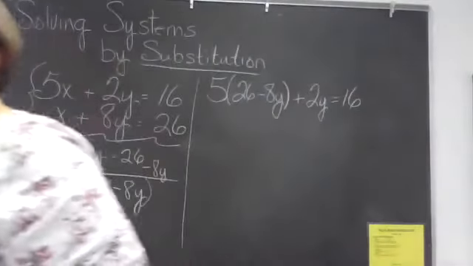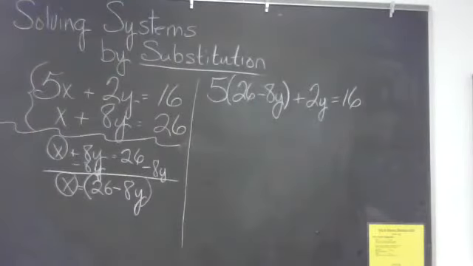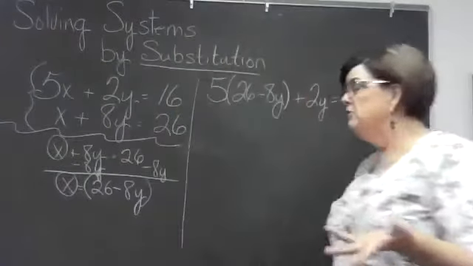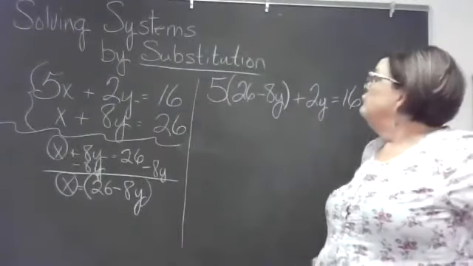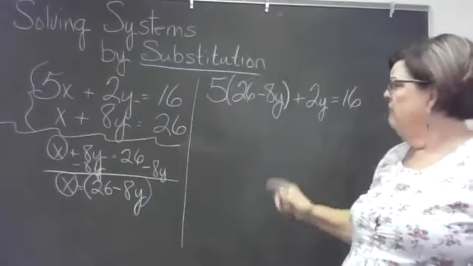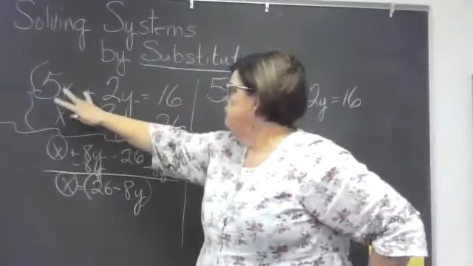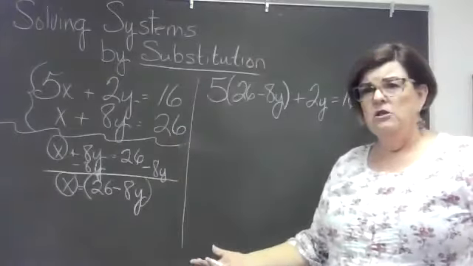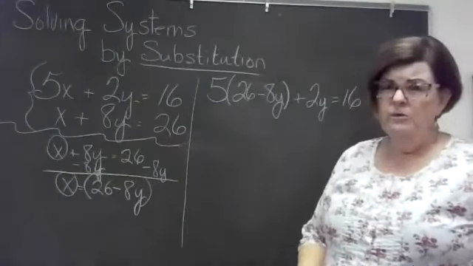Okay, question? It's 1x, so why did you put the 26 minus 8y? I'm glad you asked because that's my next thing. Now, the reason that we substituted is because if we have an equation that has two variables in it, we can't find an answer for one of the variables.